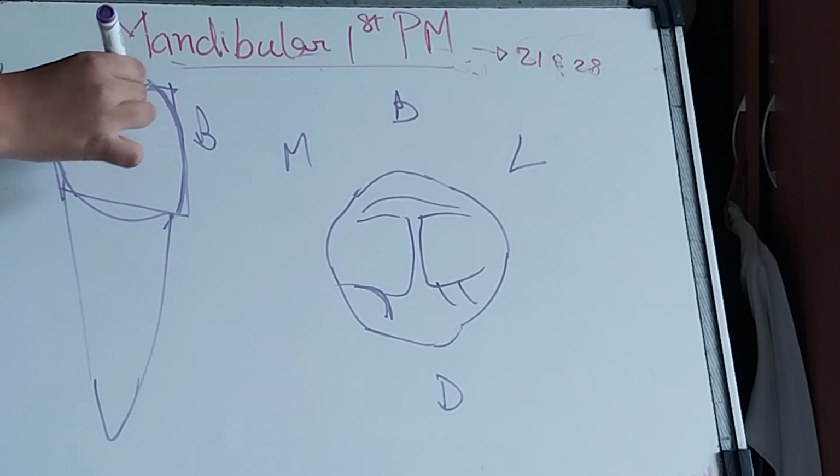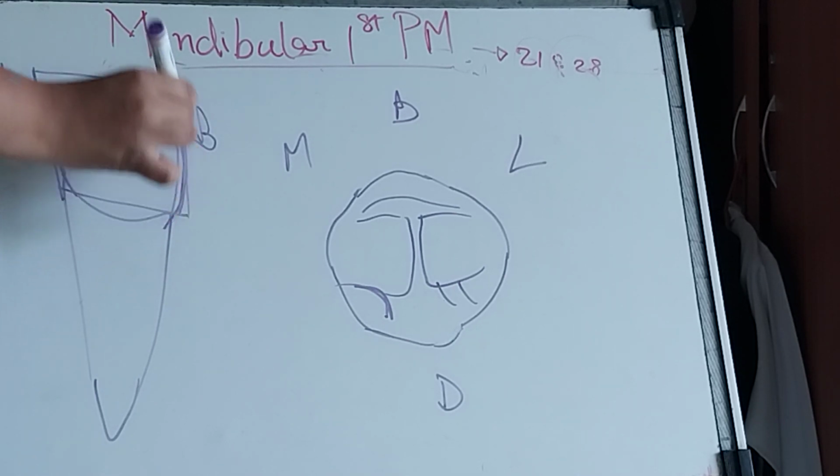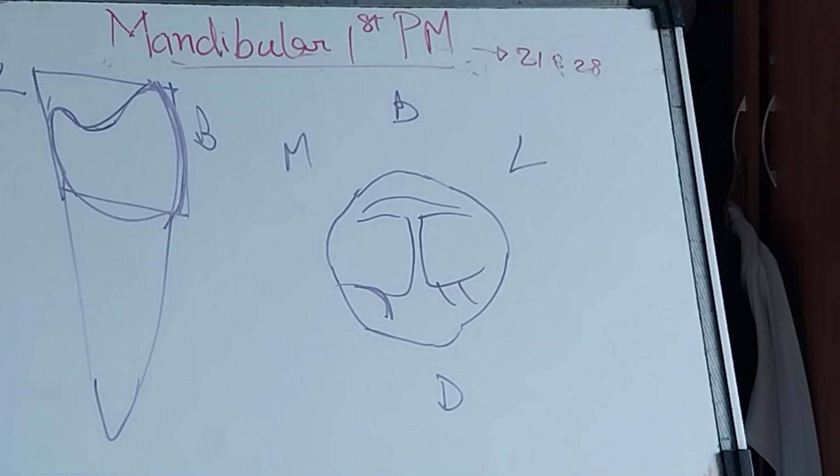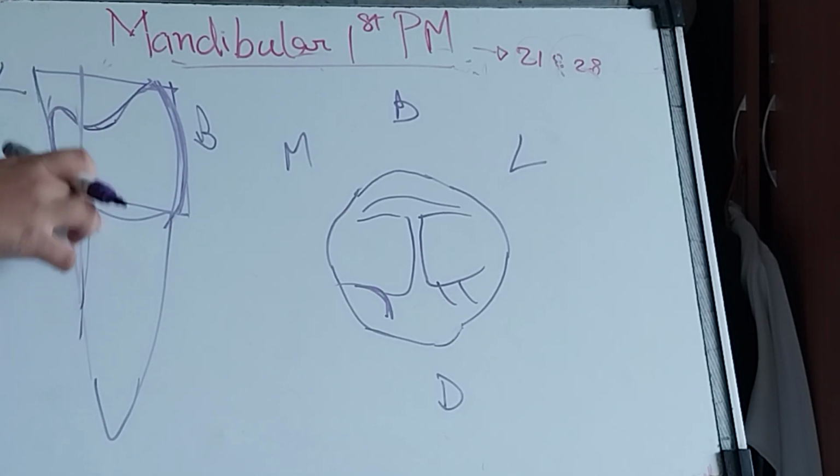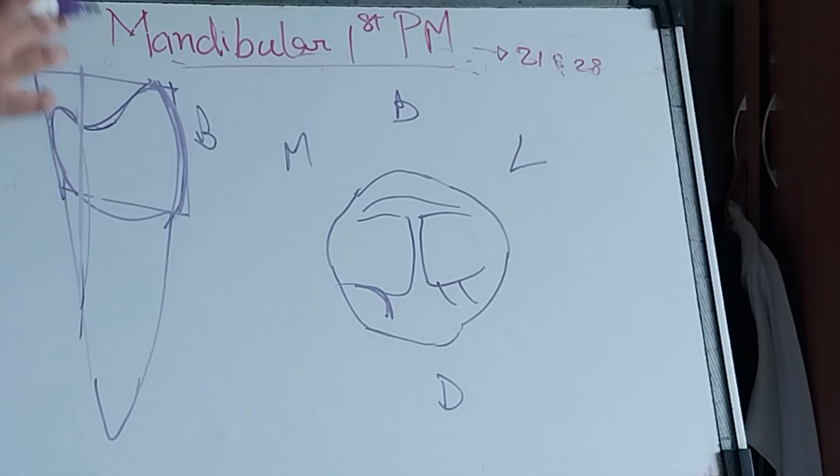So the buccal outline is convex, and the lingual outline is stretching out of the confines of the root. If you take this line, then it is stretching out of the confine.